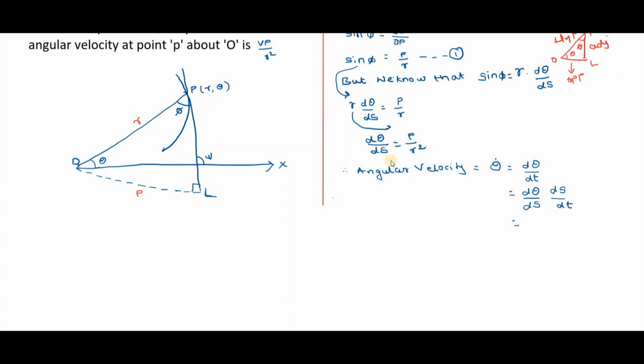Now substitute the value for d theta by ds, which is p divided by r square. And ds by dt is nothing but the rate of change of displacement, which is V. Therefore this is equal to pV divided by r square, which is the required relation between the angular velocity and linear velocity.